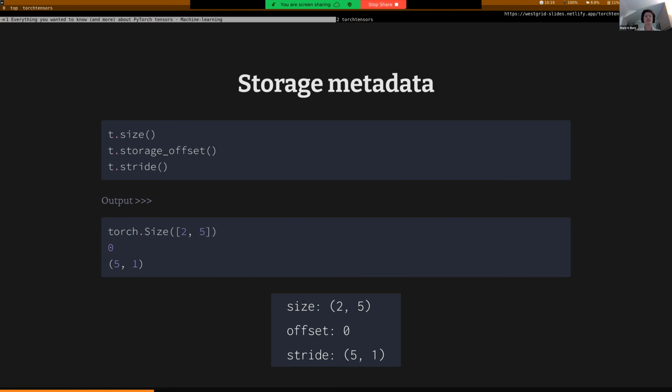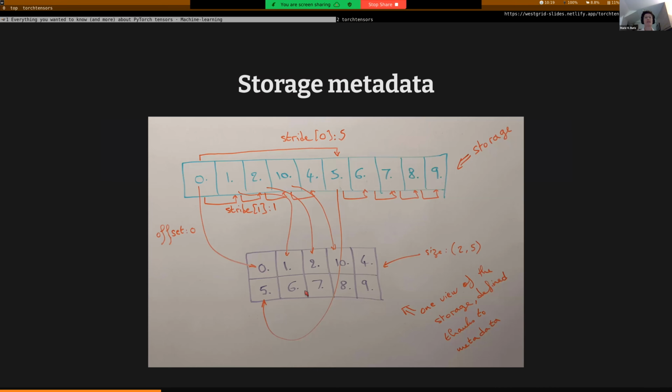So thanks to those 3 bits of metadata, which weigh really nothing in memory, 2, 5, 0, and 5, 1, our multidimensional tensor can be stored more efficiently in memory as a one-dimensional storage. And this is a terribly ugly graph that I tried to make to explain where all these things are, in case you want to brainstorm about it at your own pace.